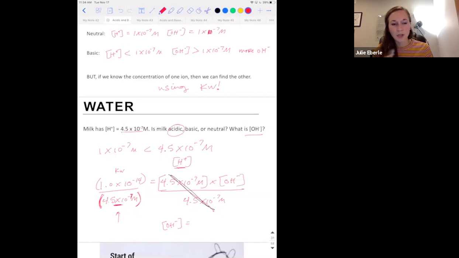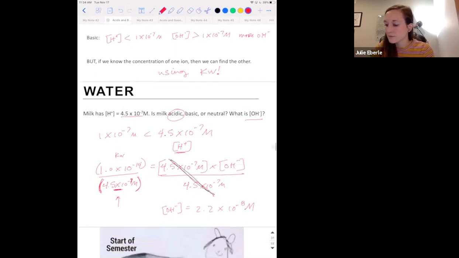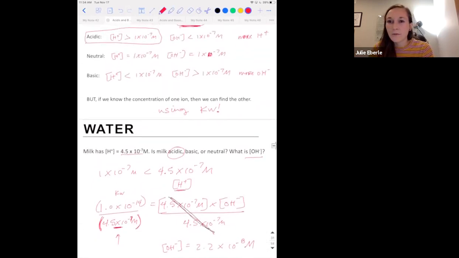Yeah, Jenna, double check that minus 22. I'm counting 1, 2, 3, 4, 5, 6, 7 zeros and then a 2. So I think it should be 2.2, I can't see decimals after that, but times 10 to the minus 8. Okay, good.